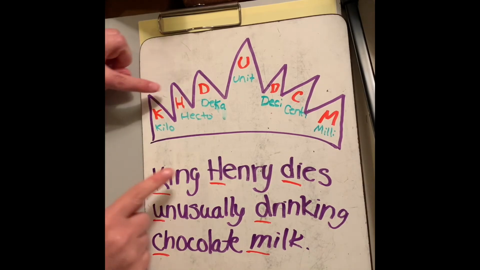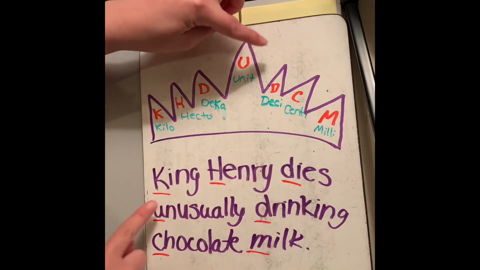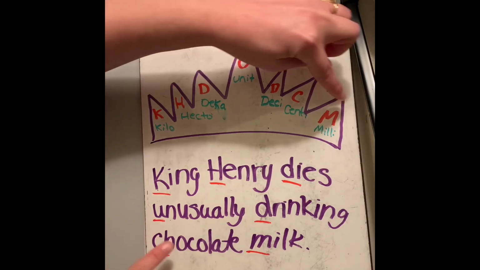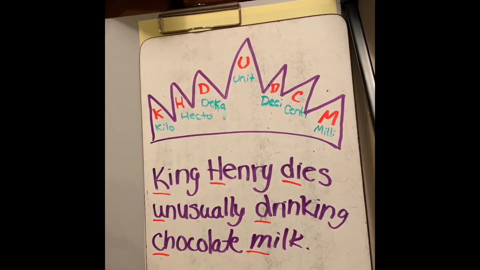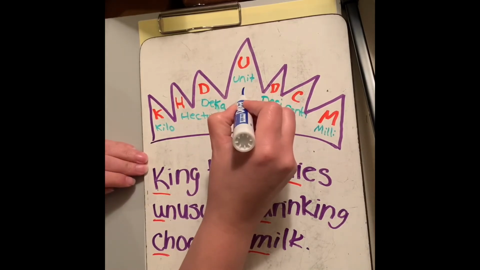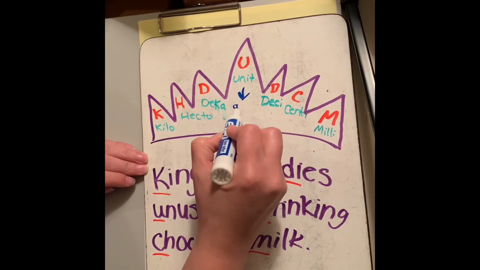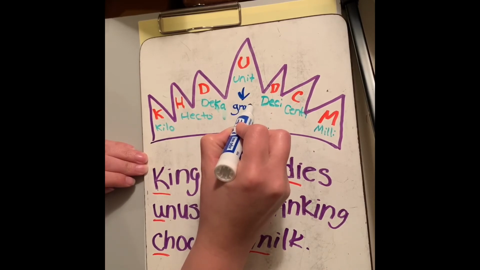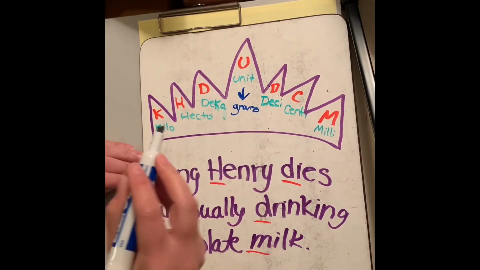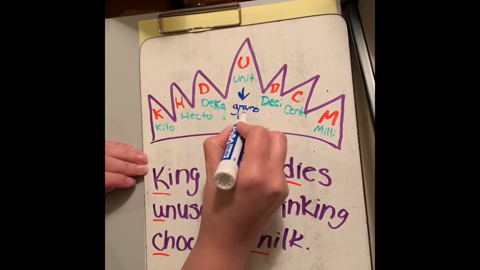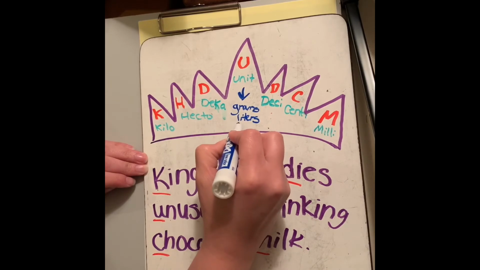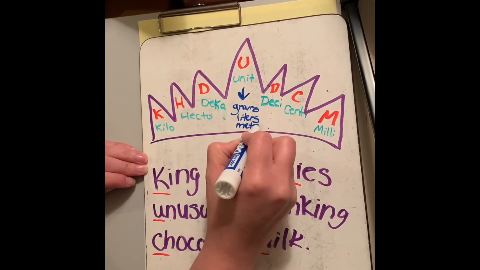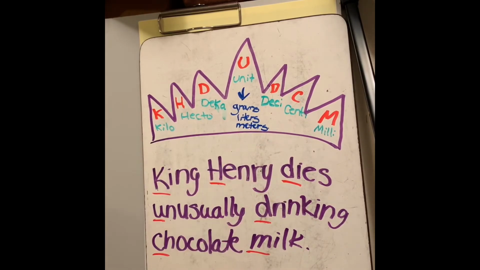So I have my King Henry dies unusually drinking chocolate milk. So these units, though, that's something that we need to remember. What kind of unit? It might be talking about grams or liters or meters.